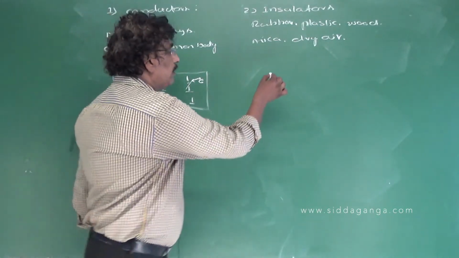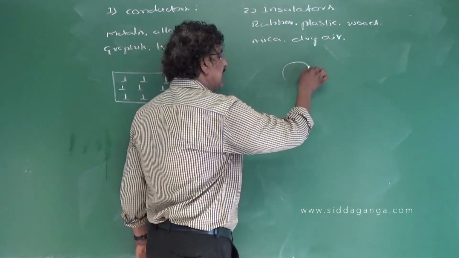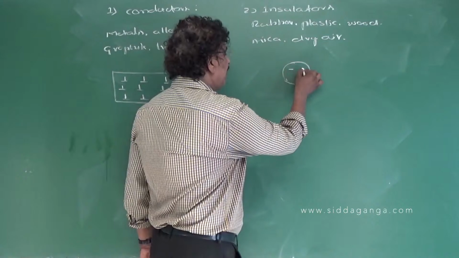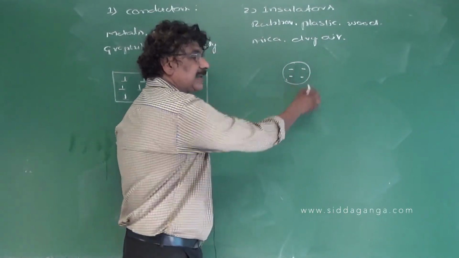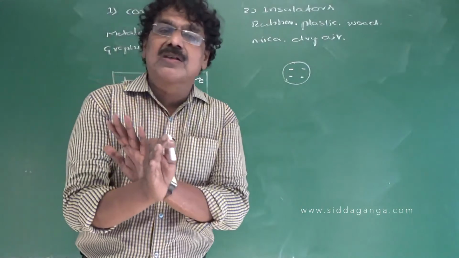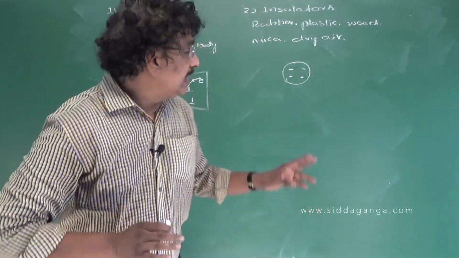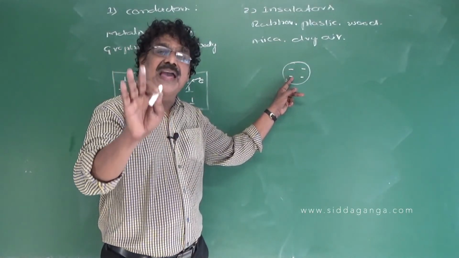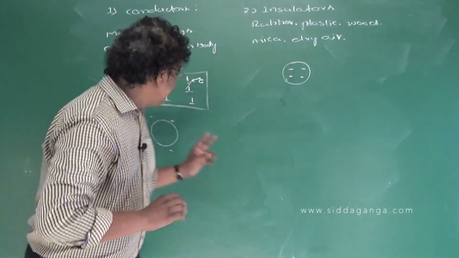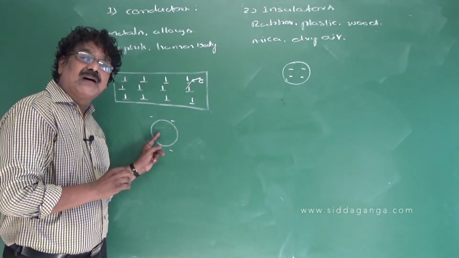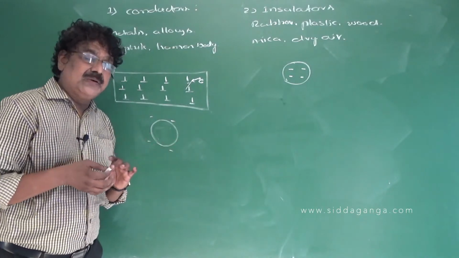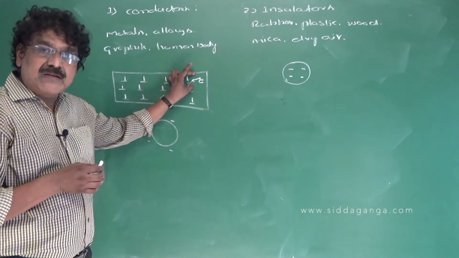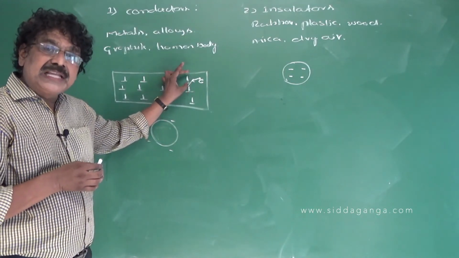Now, when an insulator is charged, say a cricket ball, when the same 4 electrons are added, these 4 electrons do not move. They remain localized in the same position where they were added, but in conductors there is a movement of electric charges.